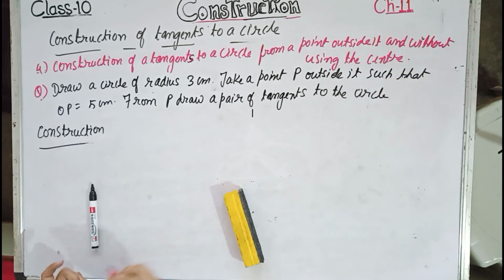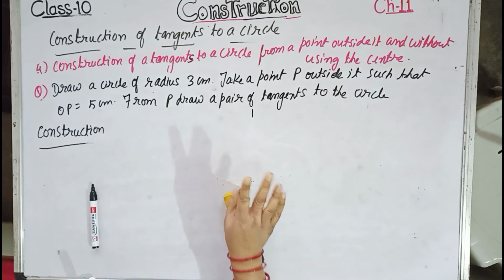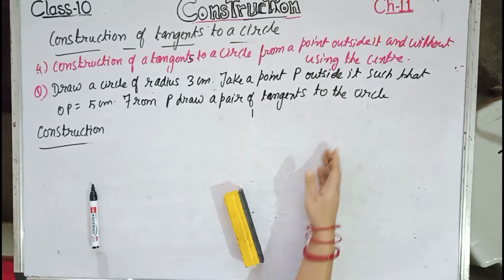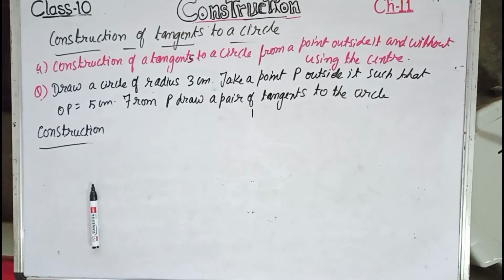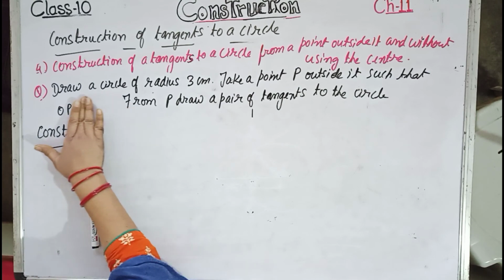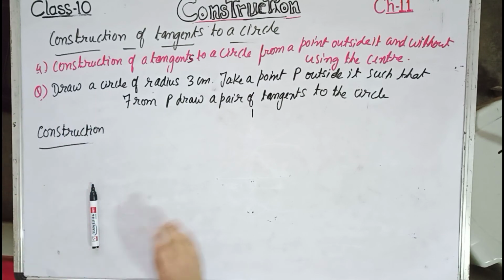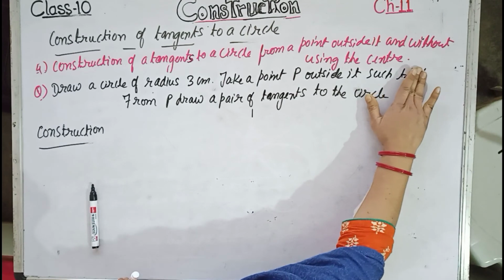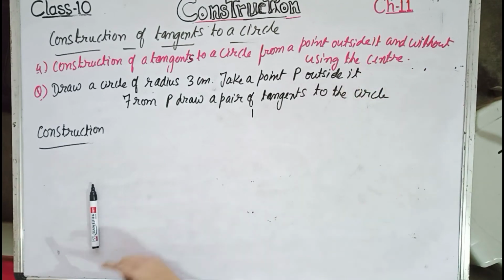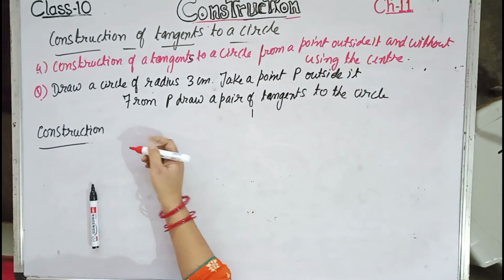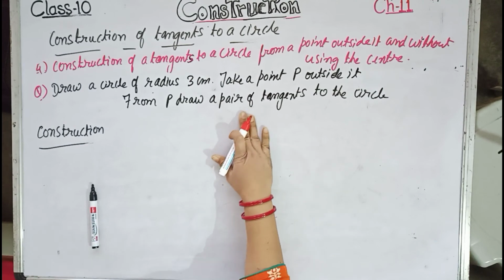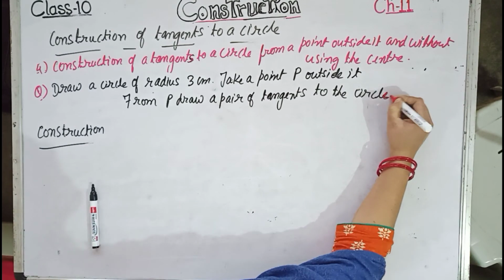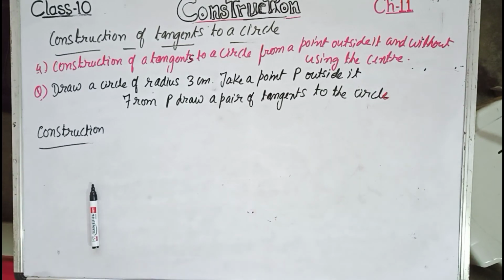Now question: draw a circle of radius 3 centimeter, take a point P outside it.